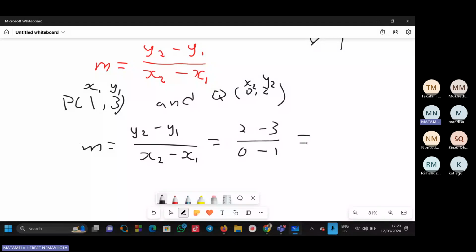So if we calculate here, you will see that 2 minus 3 is equal to negative 1. And then 0 minus 1 is minus 1 again. And negative divided by negative is going to be positive.